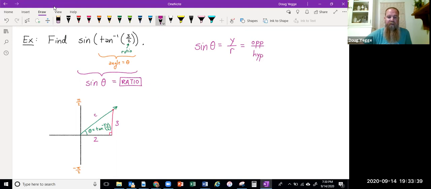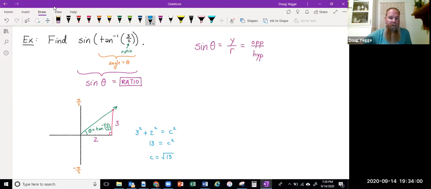So let's label that C. And let's realize that 3 squared plus 2 squared is equal to the hypotenuse squared. So 9 plus 4 is 13, and therefore C is the square root of 13.